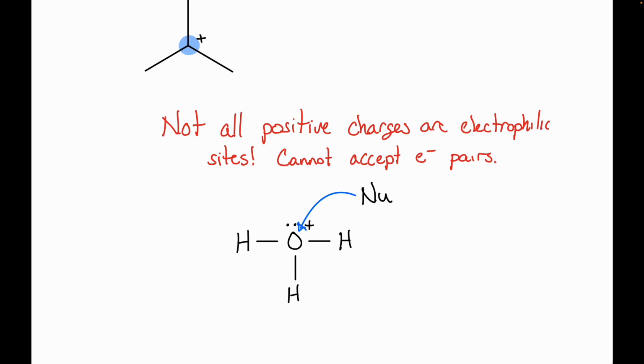It already has a full octet. It can't accept any more electrons. You're not going to find oxygen with 10 electrons in its octet. That's not going to happen. So this cannot accept any more electrons, because it has a complete octet.